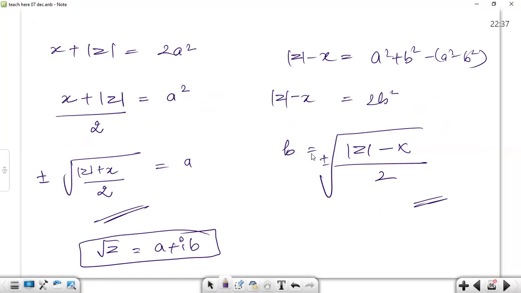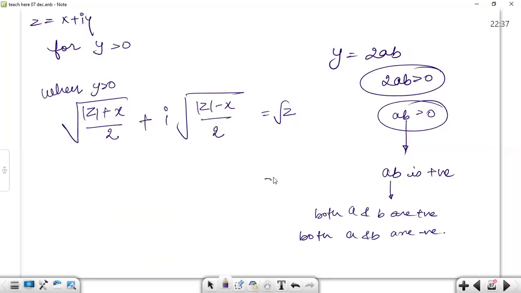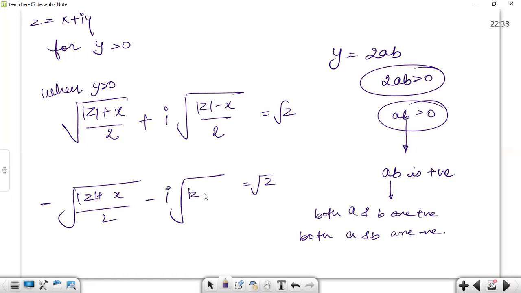And it may also happen that we can take the negative value of a. So there is one more solution for the square root of z that can take place: negative of a and negative of b. This can also be the square root of the complex number when y is positive. And why it is so, I have explained here.